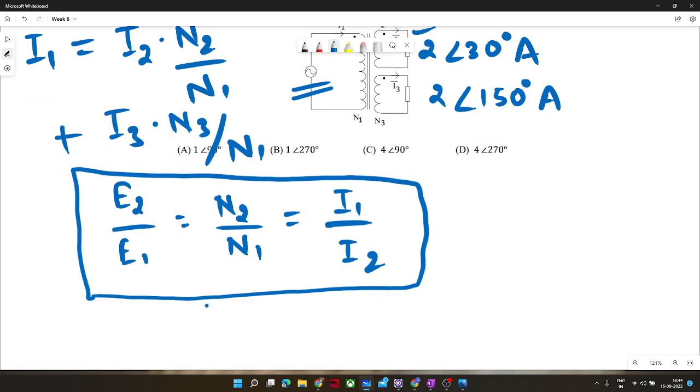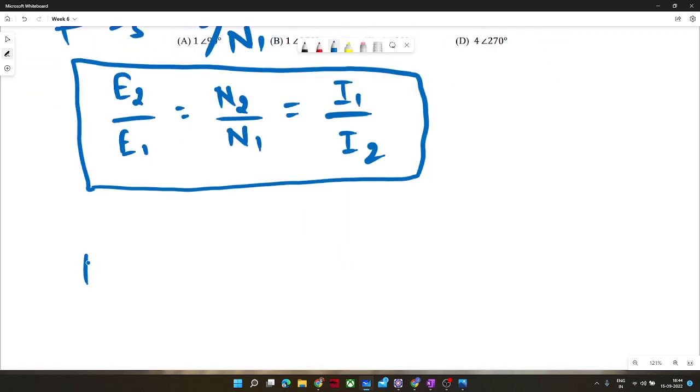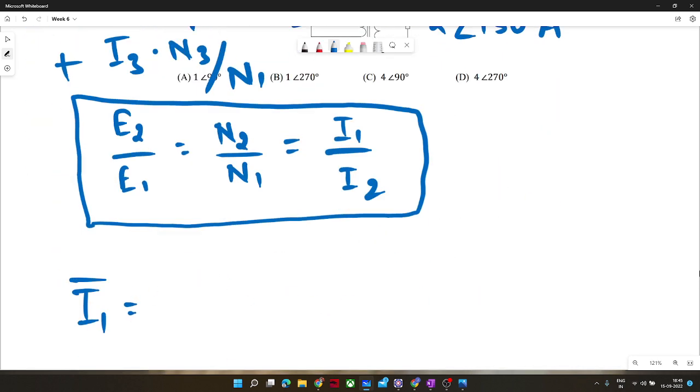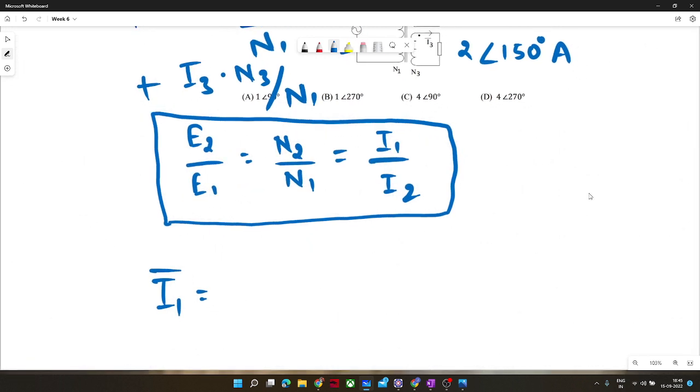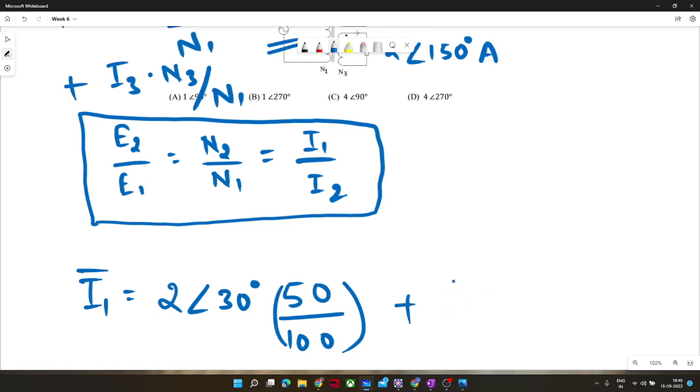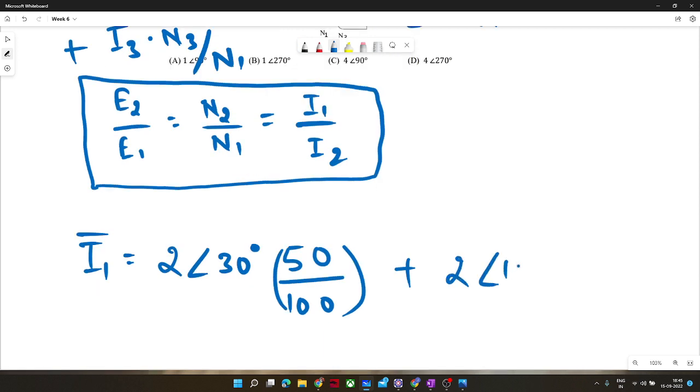Let me solve it for you. So I1 is equal to I2, which was 2 angle 30, into N2 by N1. N2 was 50, N1 was 100, plus, due to I3, it was 2 angle 150, again the turns ratio was 50 by 100.